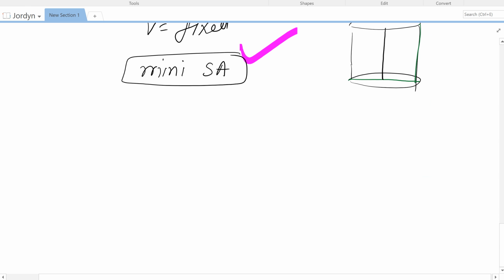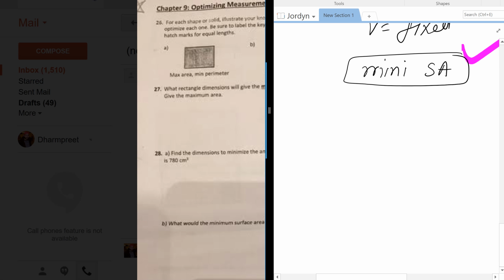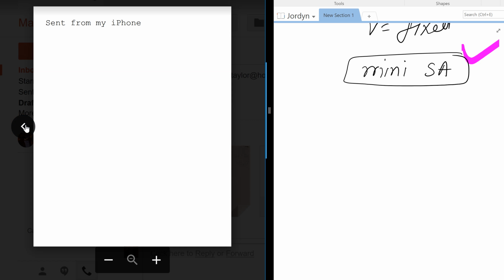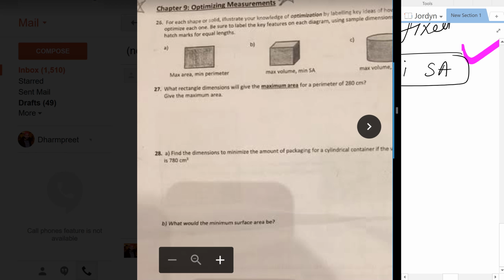So that was that. Now let's look at the next one: what rectangle dimensions will give the maximum area for the perimeter of 280?